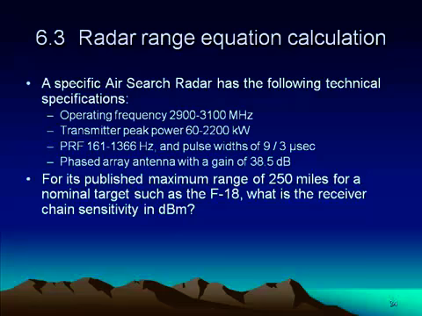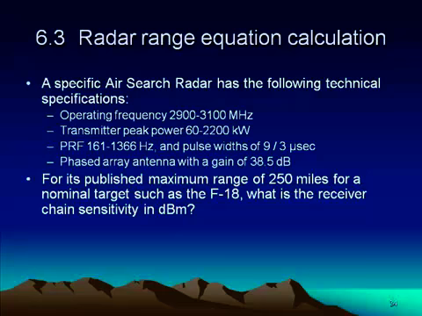Let us do a simple example to understand this much better. A specific air-sets radar has the following technical specifications. Its operating frequency is around 3 GHz. The peak power is 2200 kilowatts, and there is a PRF, and the gain of the antenna is 38.5 dB.